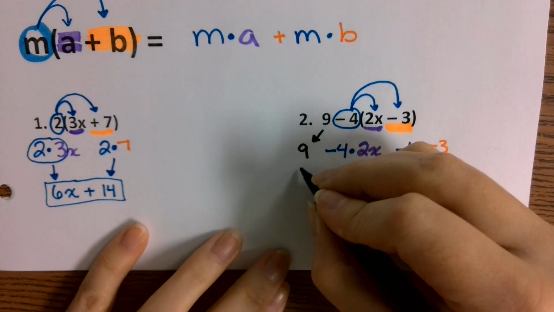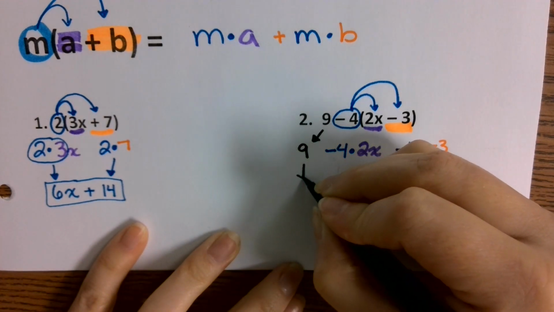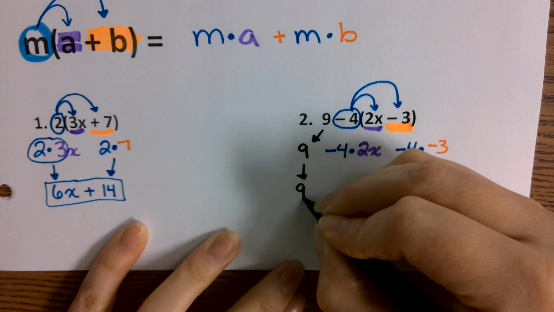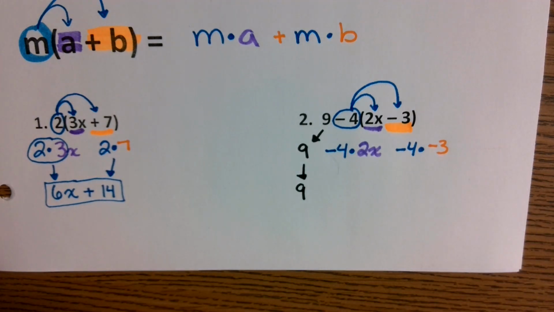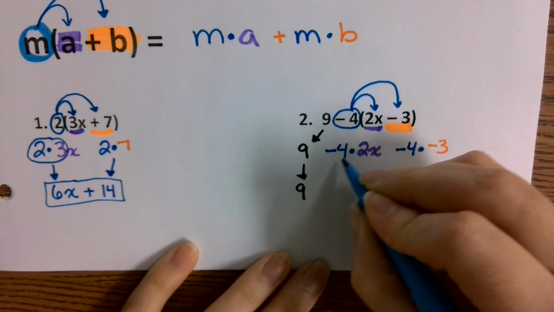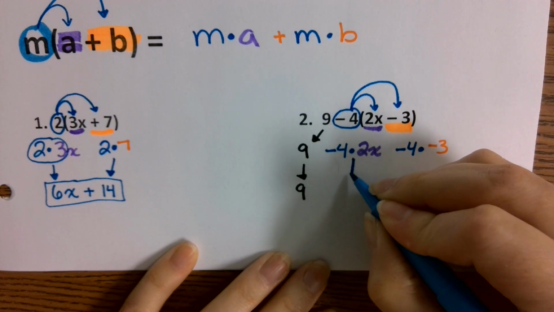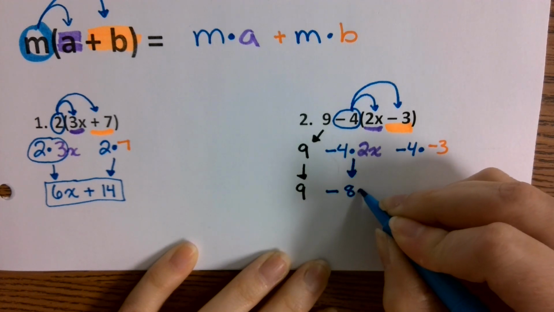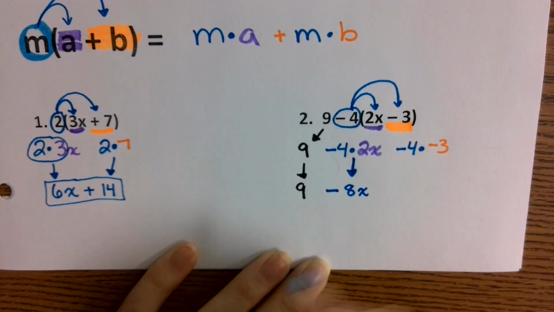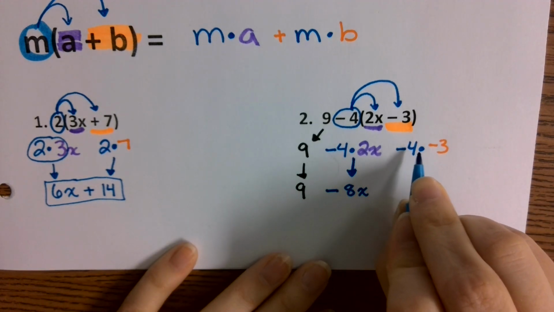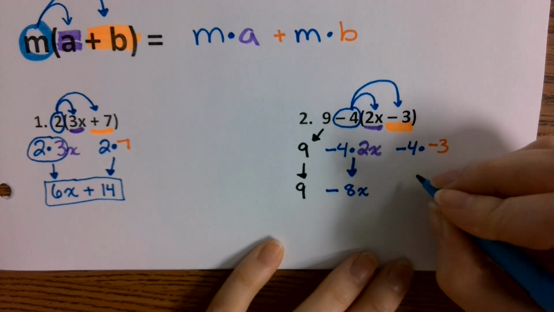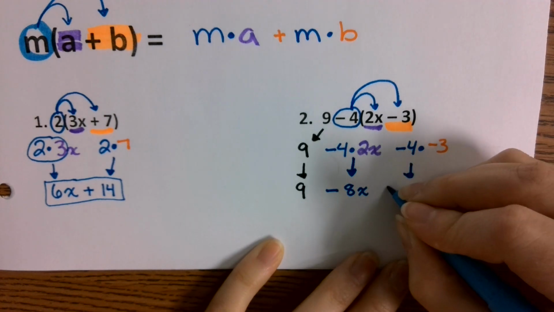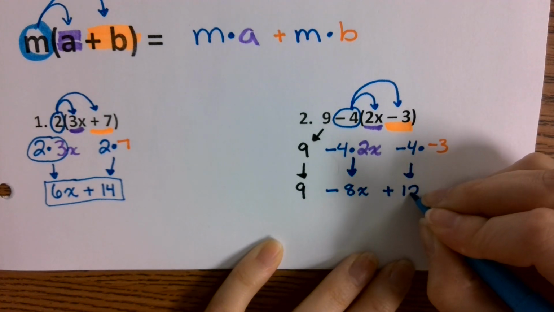Again, the 9's not being multiplied with anything, so the 9's just going to stay a 9. This negative 4 times 2x becomes a negative 8x. This negative 4 times negative 3 becomes a positive 12.